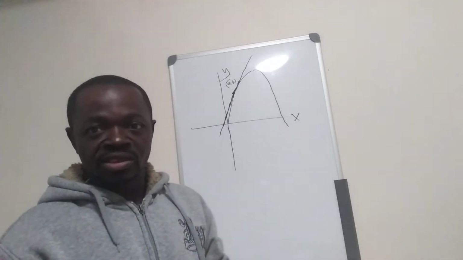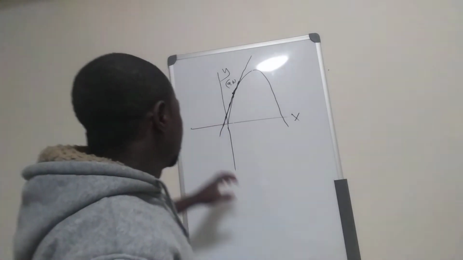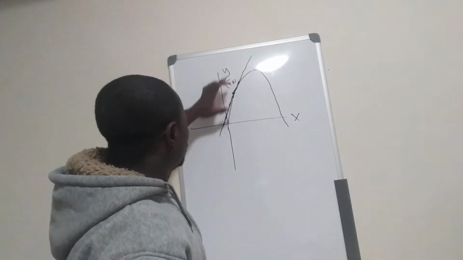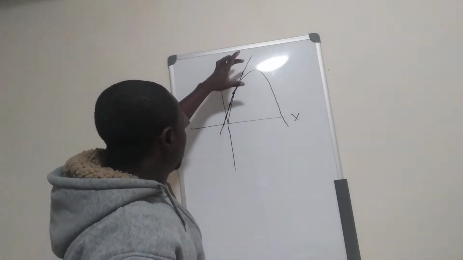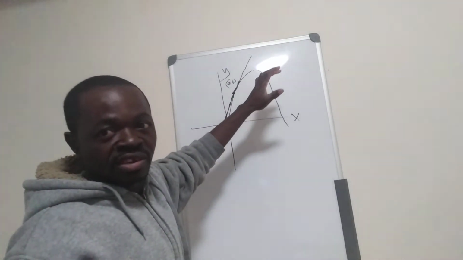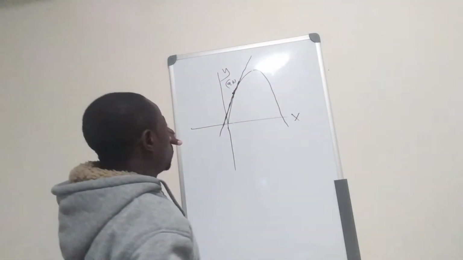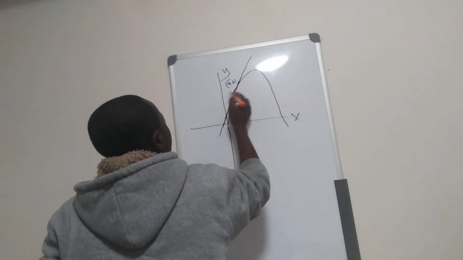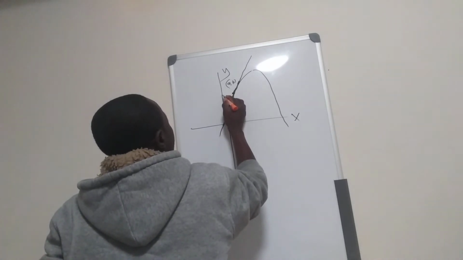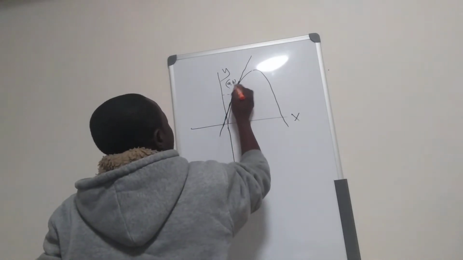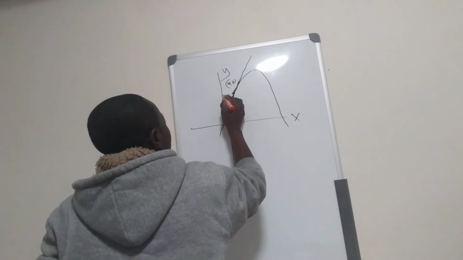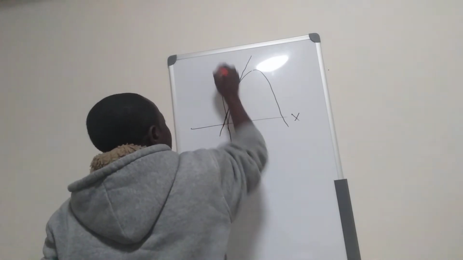Now, where it touches, I can call it a tangent. Where the line touches the curve, I can call it tangent. So let's say from here, this is my y values.